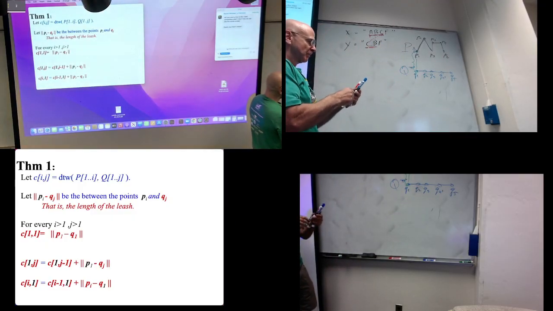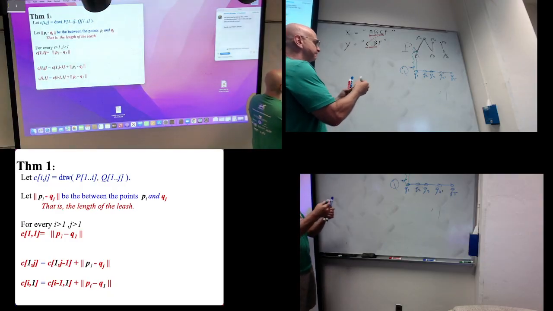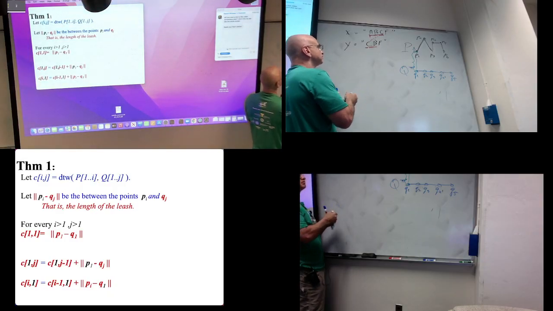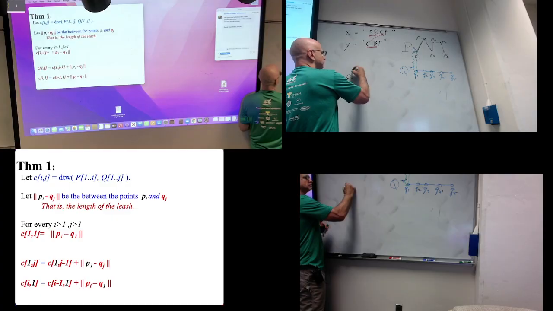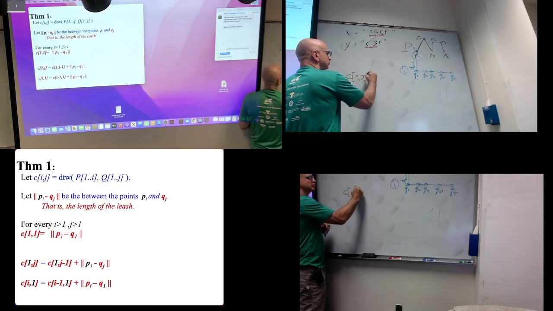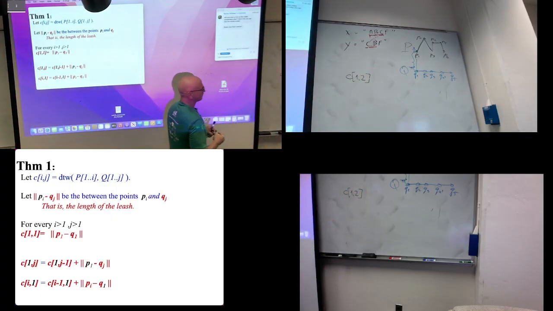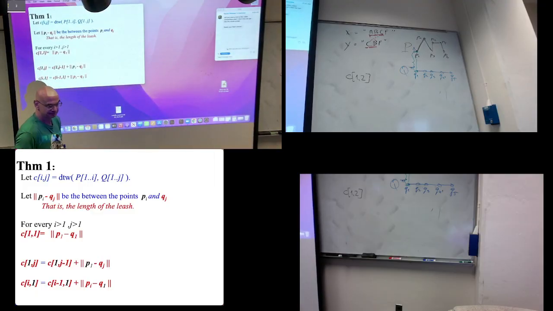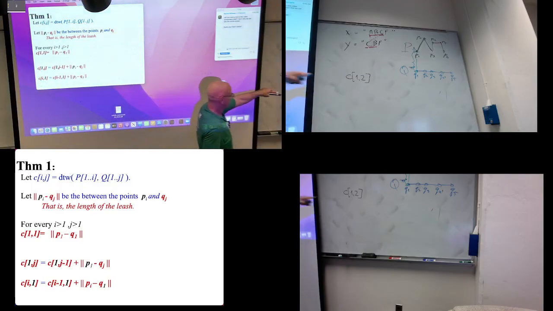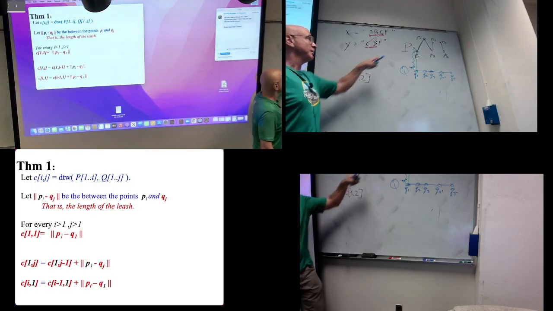Next, help me understand what is C12. I first need to understand what are the relevant pieces of the polygonal path. What is the polygonal path that I'm using out of P?